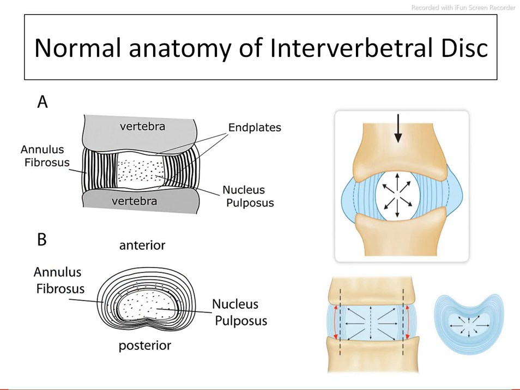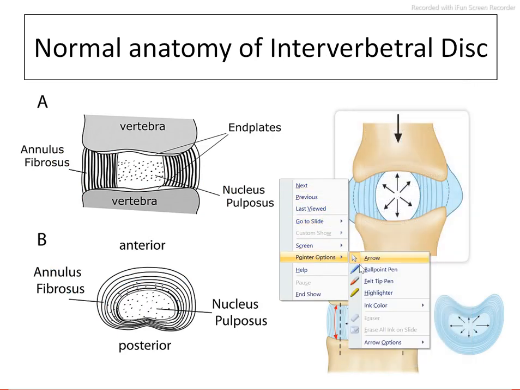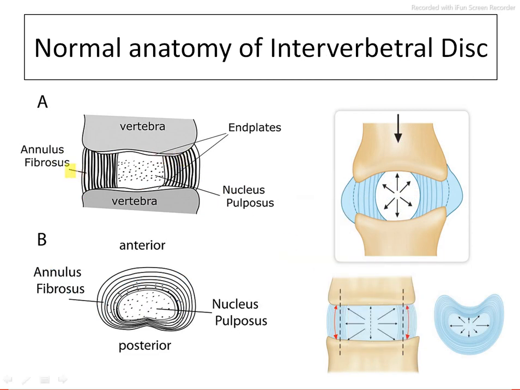Now let's revise the normal anatomy of the intervertebral disc. So we see here, this is the intervertebral disc. It comprises two parts, that is the nucleus pulposus and the annulus fibrosus. The nucleus pulposus is the central jelly-like substance here, and the annulus fibrosus is this fibrous band.